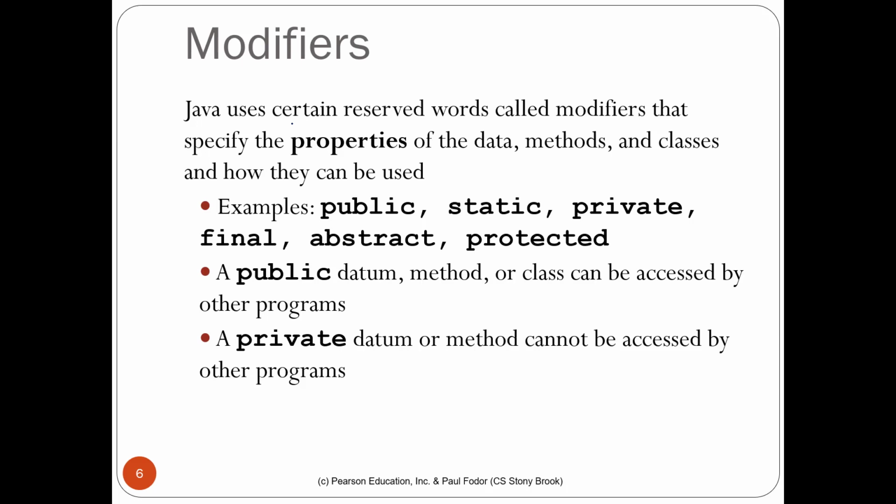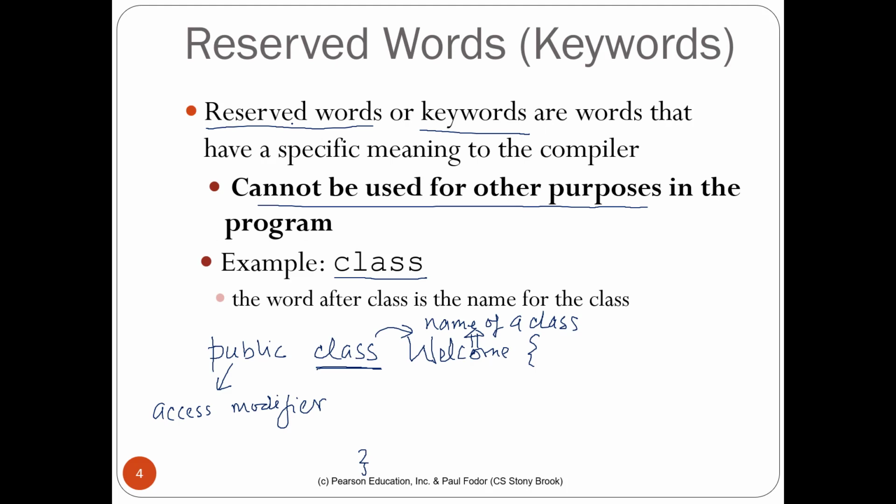As an example, let me take you back to the example right here. Why did we say that our class welcome is public? We could very well have written anything else in place of public. When we wrote public class welcome, we declared our class welcome as one which is public. Public means we don't want to impose any restriction on this class.